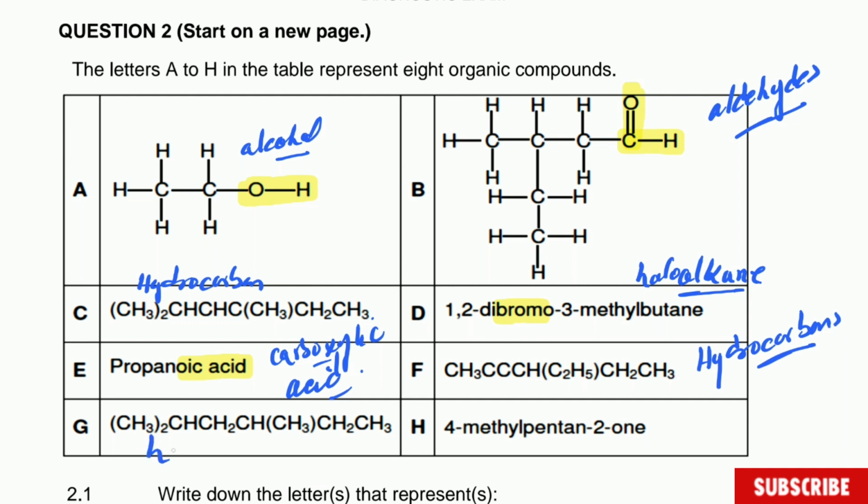We have 3 hydrocarbons in this question. And compound H is ending in -one, and therefore is a ketone. Guys, we have done it now, we identified each of the different compounds that we have from A to H.